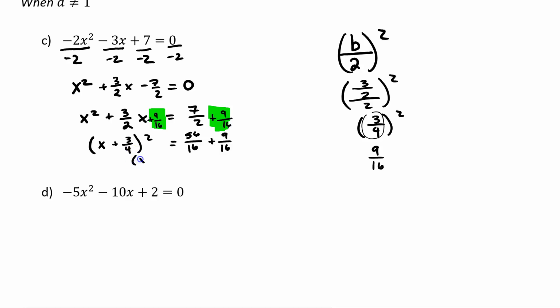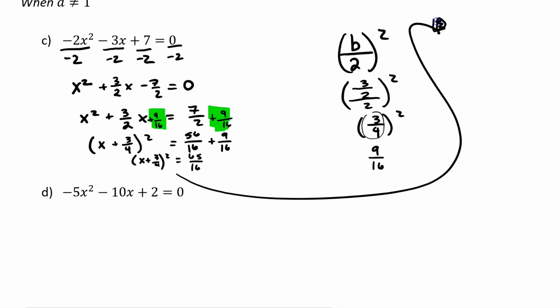So then I'm left with x plus 3/4 squared is 65 over 16. I'm running out of space here, so I'm going to go right over here. So I take the square root of both sides. x plus 3/4 equals plus or minus the square root of 65 over 16.